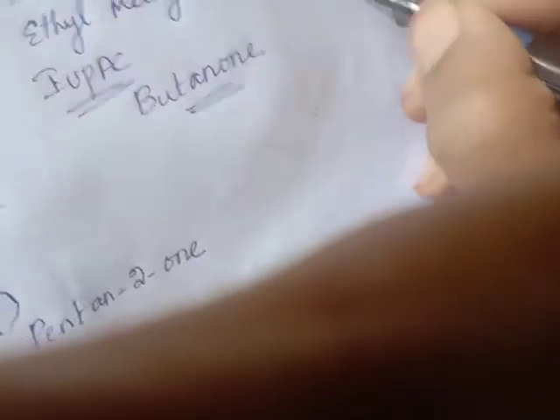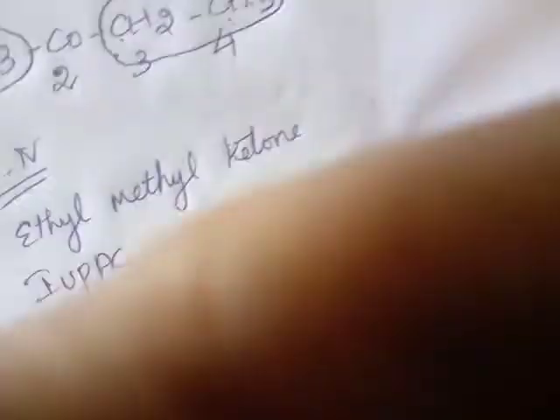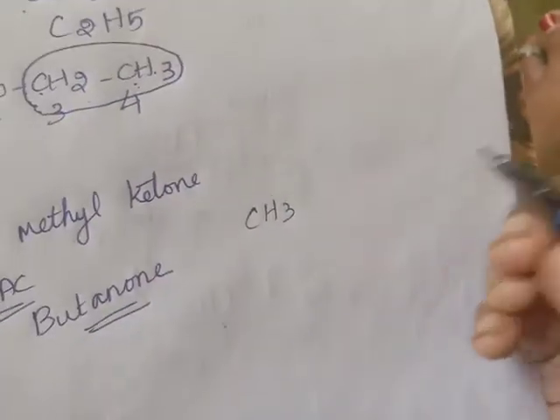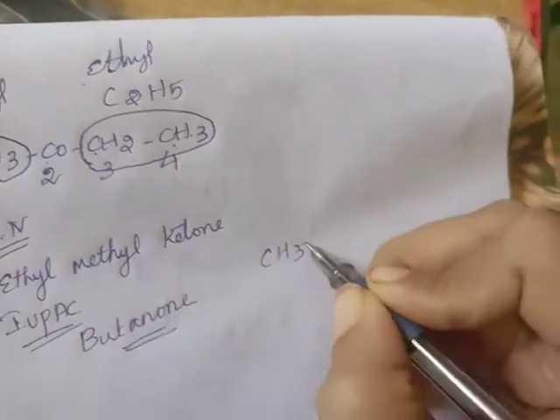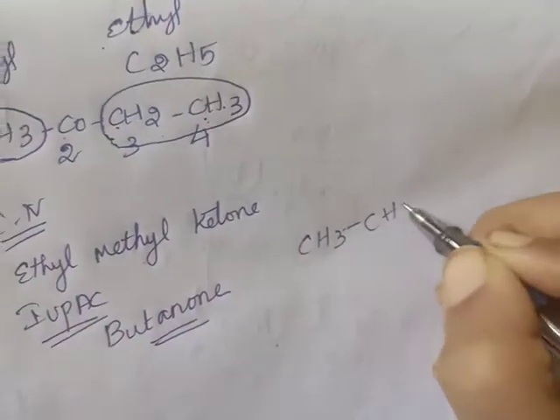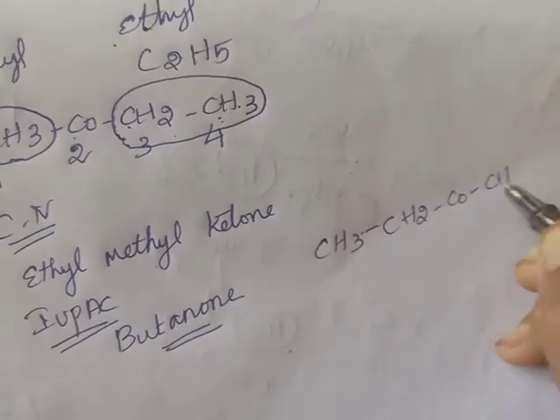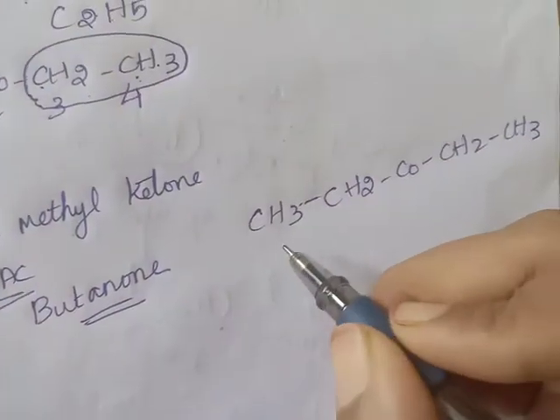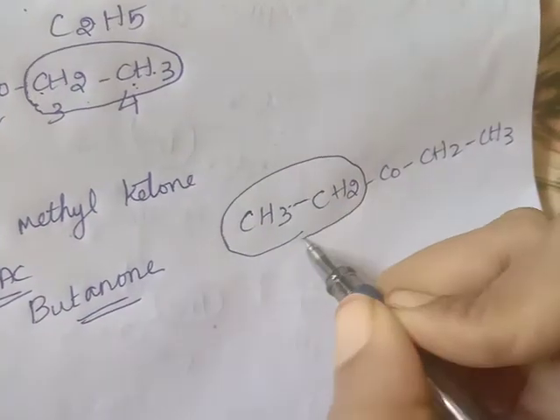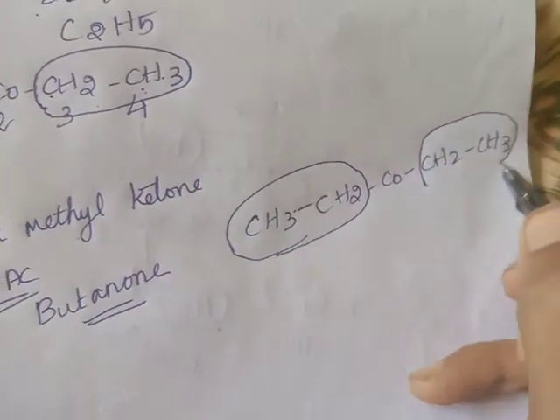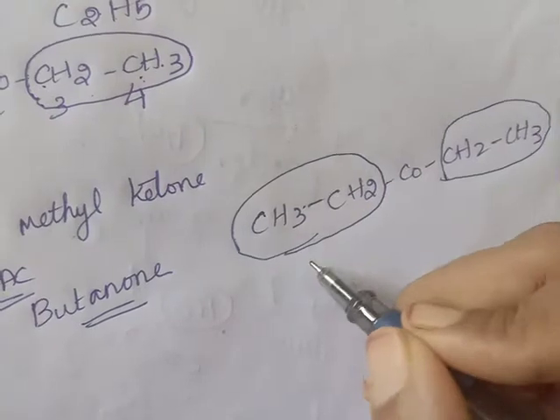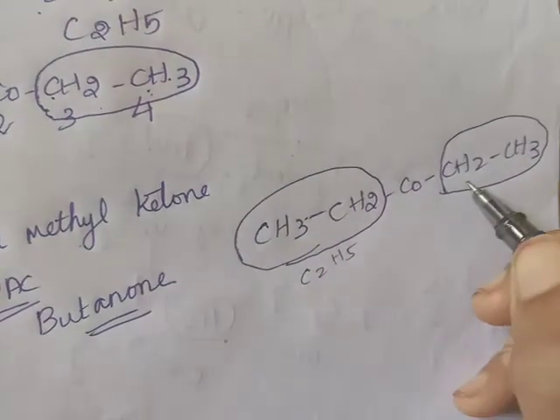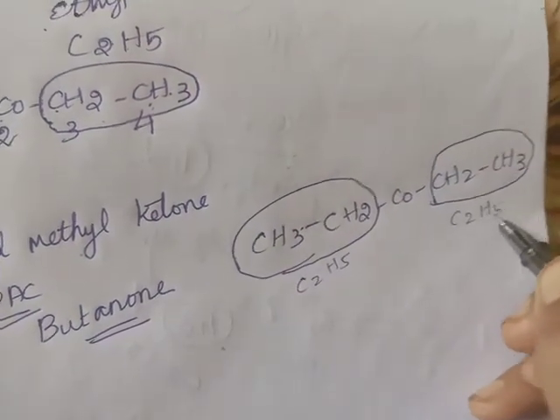Okay. Now another example. CH3CH2COCH2CH3. Now the common name here: this is one ethyl group, C2H5. See, a C2H5 group is present here. Here also a C2H5 group is present.